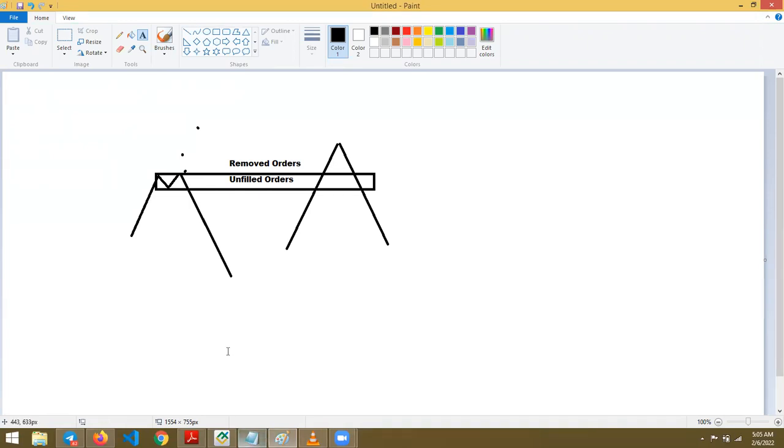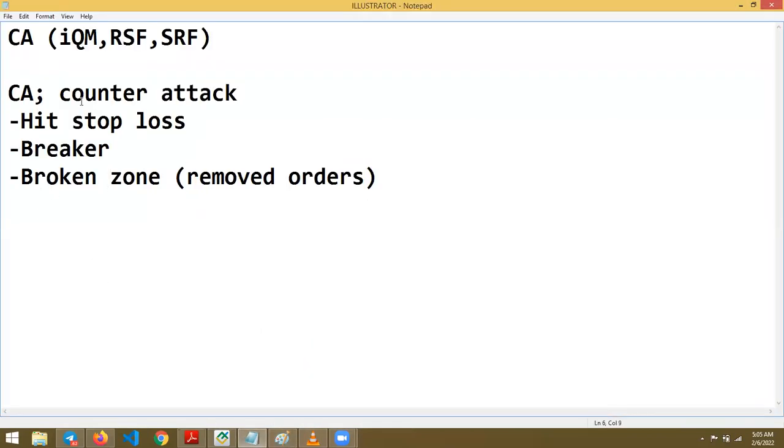So as I said, I will use the counter attack when one, we have a breaker. This is a clear breaker. So usually when there's a breaker, the zone is broken, meaning orders have been removed. And then of course, if you have a perfect setup, your stop loss will get hit.